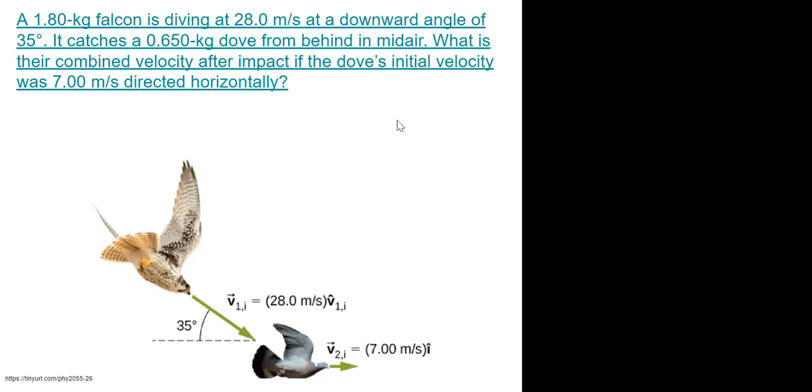And then after the collision they are together. It's asking what's their combined velocity after the impact, the common velocity. So the two will stick together after collision.